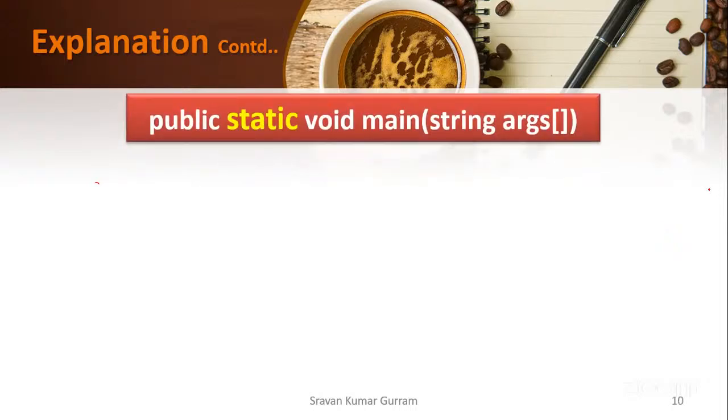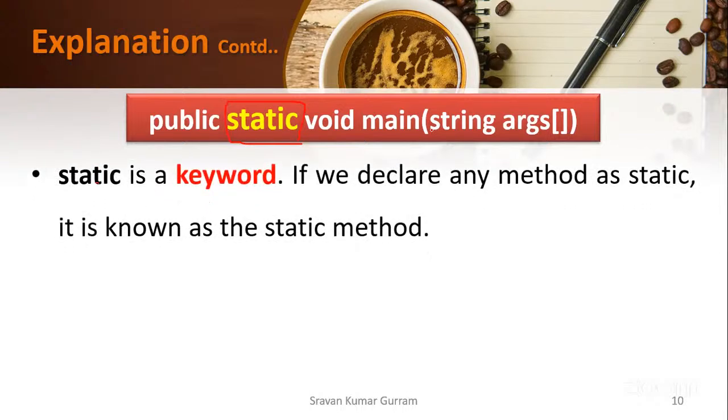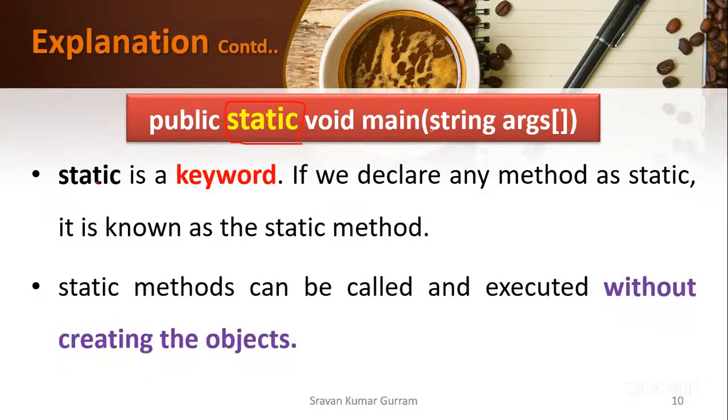Then next one, why are we using static? What is static? Static represents a method of a class. It is a class method. Static is one of the keywords of Java. Whenever you declare any method as static, that is called a static method. That is a class property. You do not need to create any object to call the method.